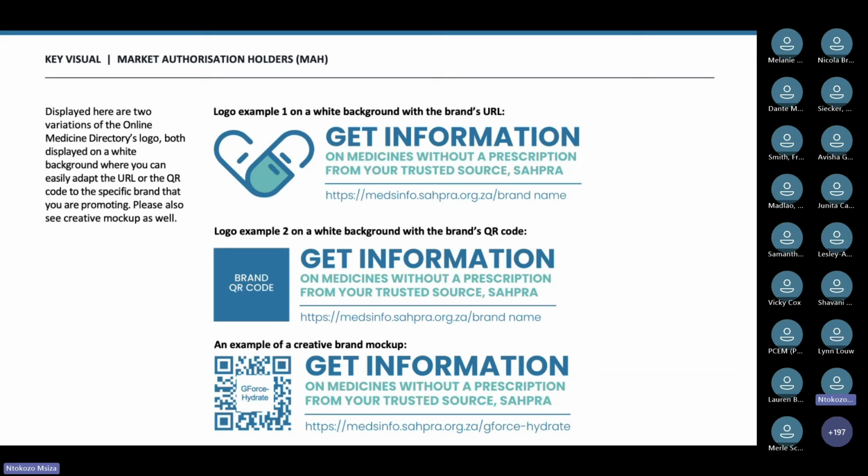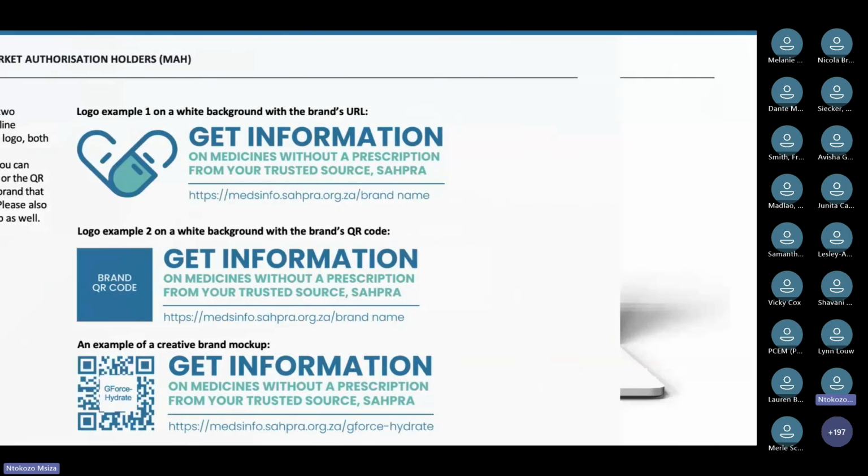So as we explained before, you can have the logo with the pills. You can have your own QR code, and you can have a QR code that has your logo as well. And all of that goes hand in hand with your URL that goes to the company landing page in the OTC site.